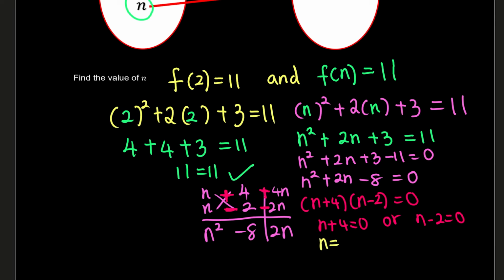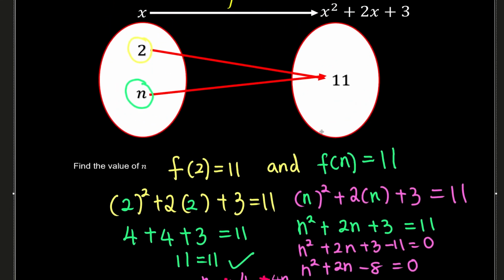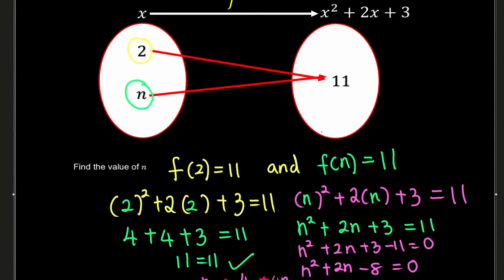So we have n equals negative 4 or n equals 2. And these are our solutions for the value of n. So let us see the diagram again. They already have 2 as one of the answers. So this n must be equivalent to negative 4.